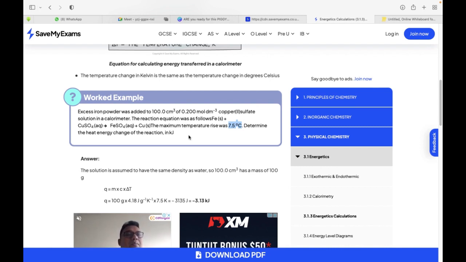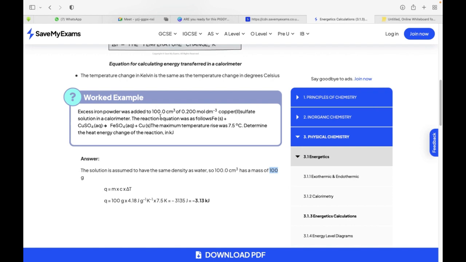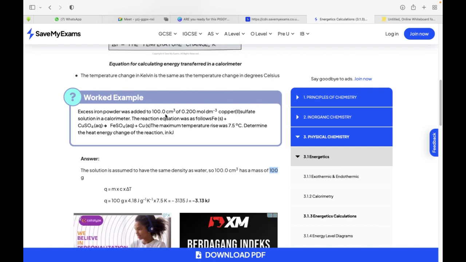The solution is assumed to have the same density as water, and the mass is 100 grams. They assume the mass to be 100 because they assume the density to be the same as that of water.